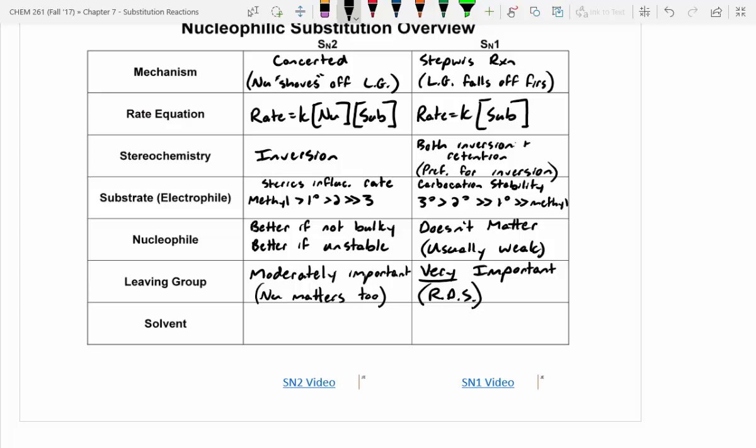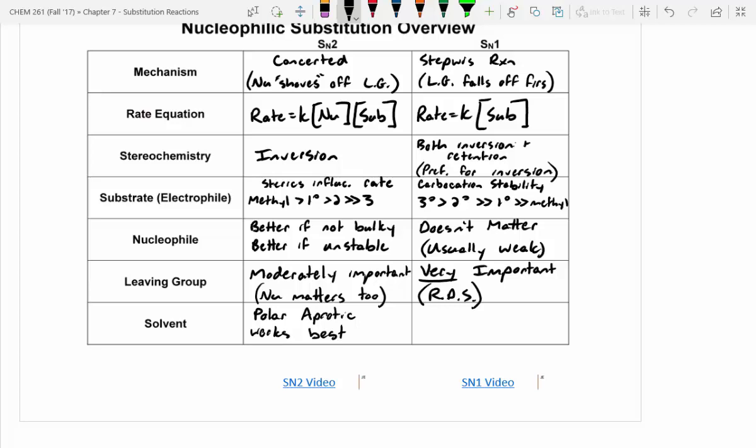Okay? And then for solvent, right? For SN2, what type of solvent do we typically want to use? Aprotic. We just saw that in an example. So polar aprotic works best. Why is that again? Yeah, because it doesn't hydrogen bond to your nucleophile.